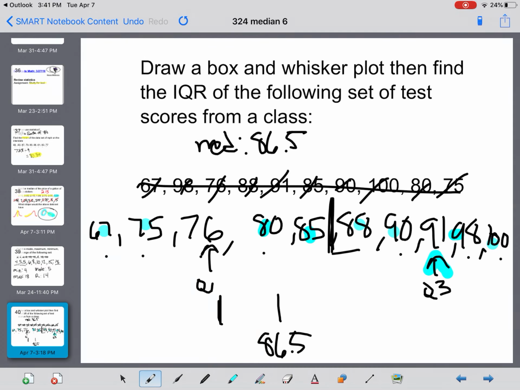Make that space 10. This is going to be our Q1, which is then 76. Well, right here, 91 is about 5 units away from the median, so we're going to need to make that space smaller. About there is what I would say. So now, here is 91.